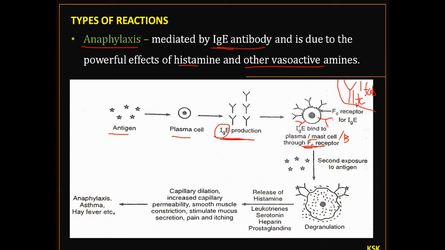As we discussed initially, on first exposure the host does not show the chemical reaction. If the host has a second exposure to the antigen, what will happen? Initially, when the antigen enters, it causes the production of antibodies. On re-exposure, the antigens come and attach to these antibodies.